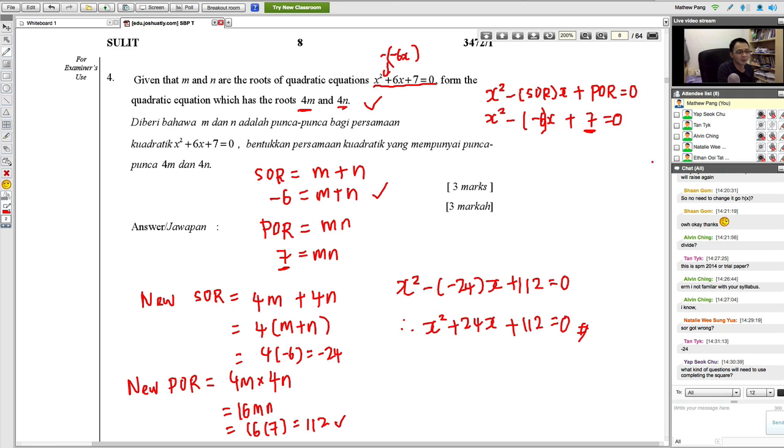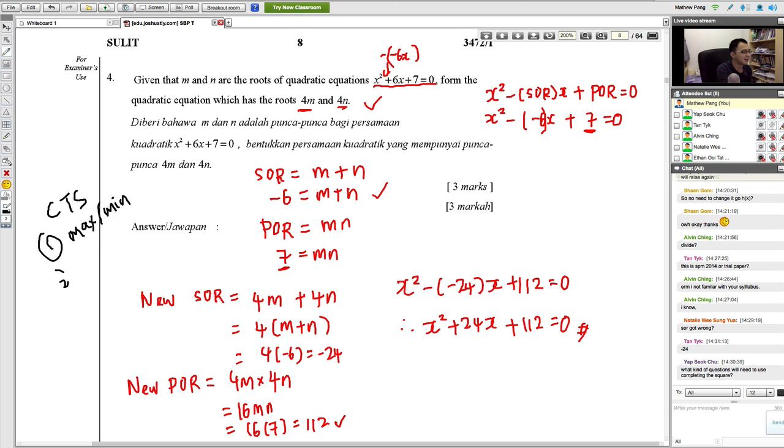Okay, what kind of question will need you to use completing the square? Normally you will use completing the square in three conditions. The first condition is when you want to find the maximum or minimum value, the minimum point.